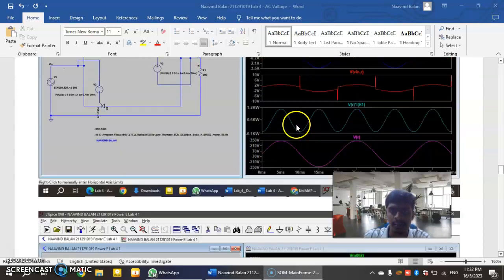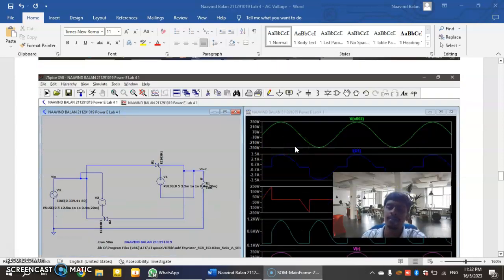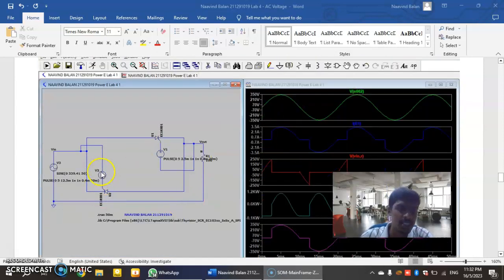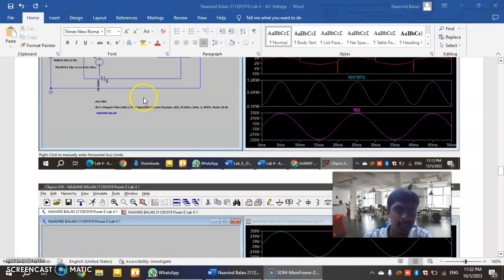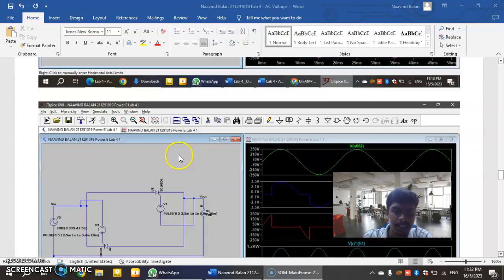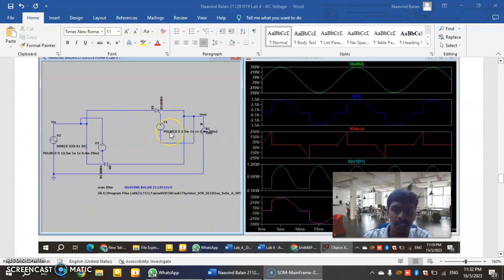These are the times. Later I will explain, because of this time period the waveform will be a bit different. For this waveform, this one is for the 0 firing angle, and this one is for the 45 firing angle. The values will be like this: 2.5 milli and 12.5 milli.